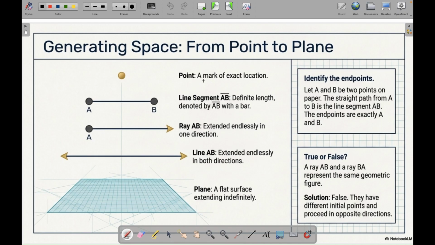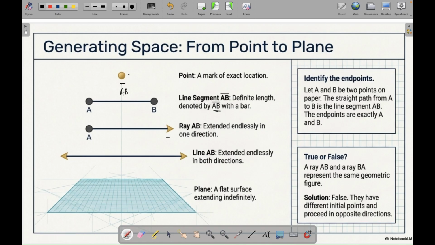So a point is a mark of exact location. It is the starting point. Line segments have a definite length, and we represent a line segment using this symbol. If I ask what this is, you'll say this is line segment AB with an overbar.